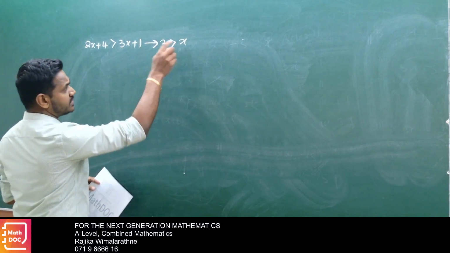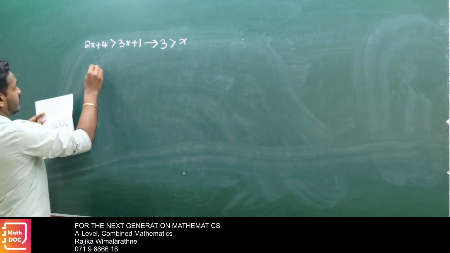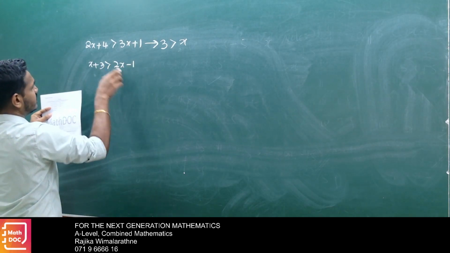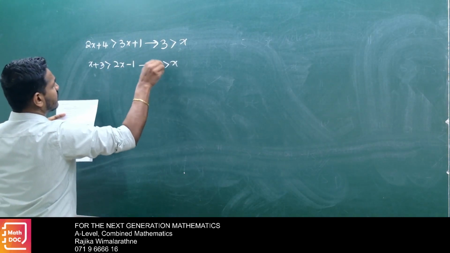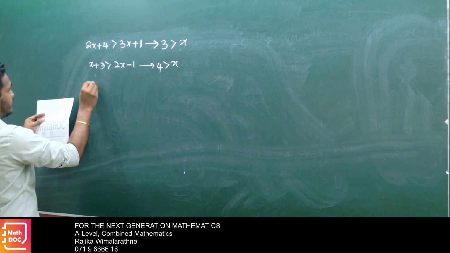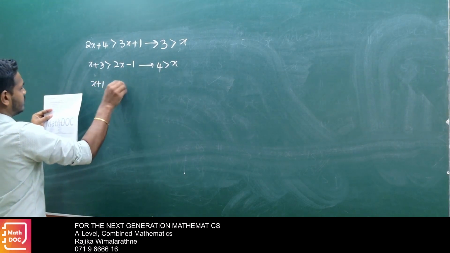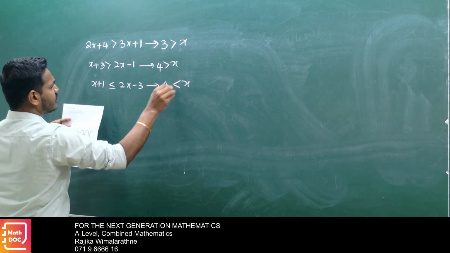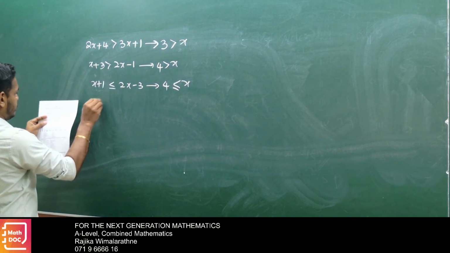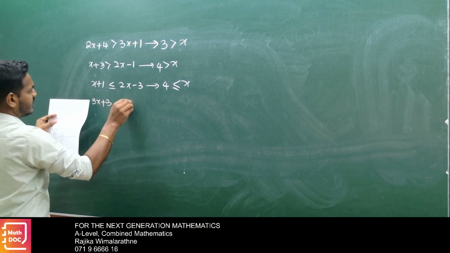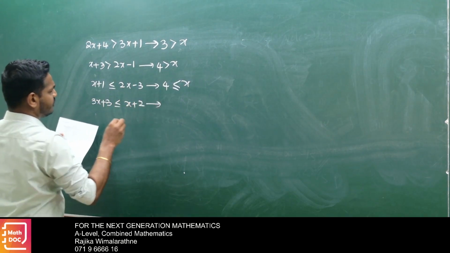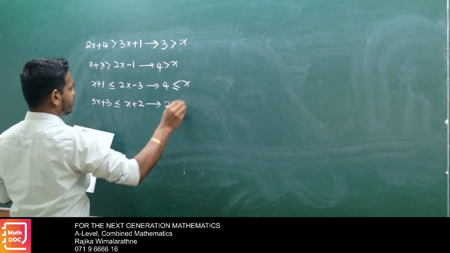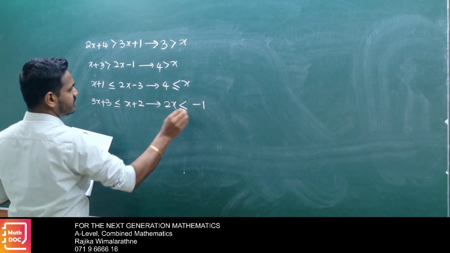I'm writing here just the answer. x plus 3, 2x minus 1, 4, x plus 1, 2x minus 3, 4, 3x plus 3, x plus 2, here 2x minus 1 divided by 2.